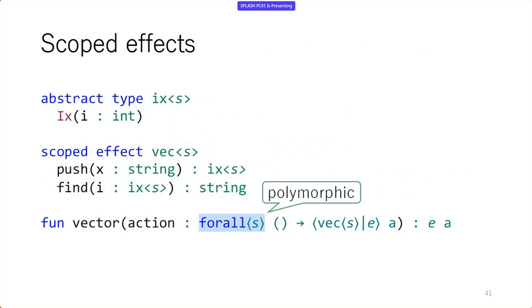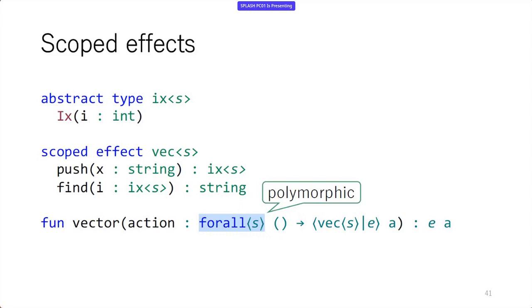And this guarantees that any resource made available by a handler will never escape the handler scope. In the particular case here, we know that we will never access a vector using an index returned from some other vector because the polymorphism makes it impossible for the index to escape.